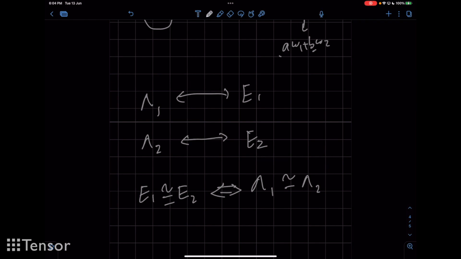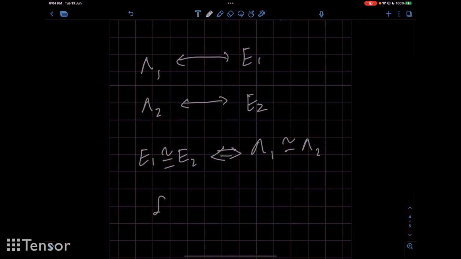So if we want to study isomorphism classes of elliptic curves, it suffices to study the set of all lattices over C modded out by the equivalence relation of homothety.